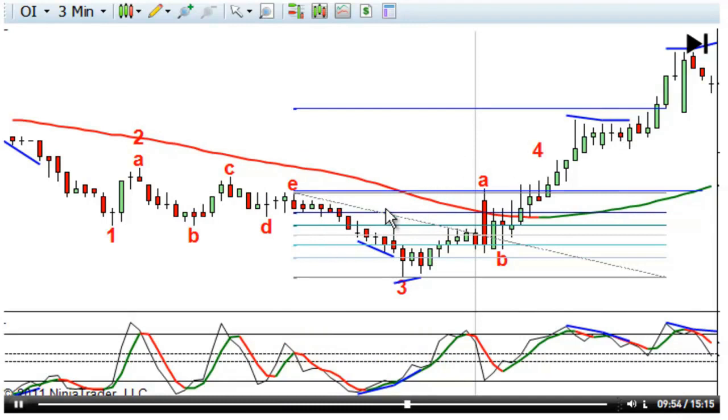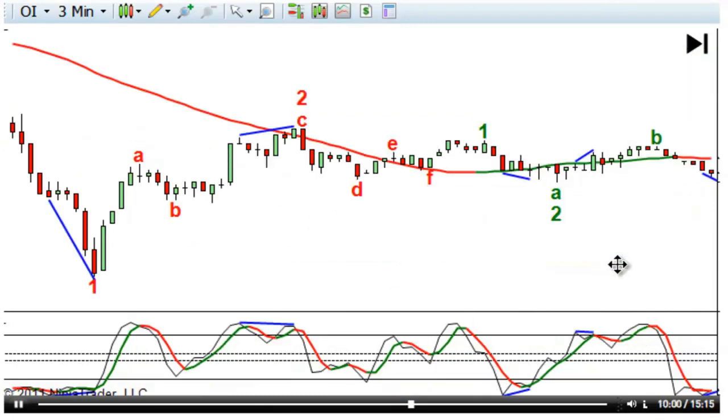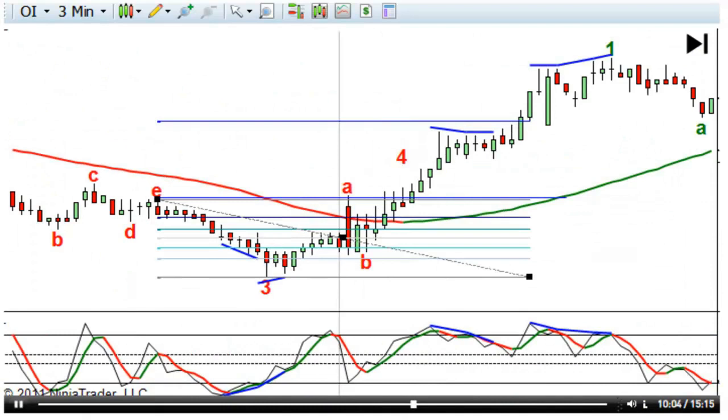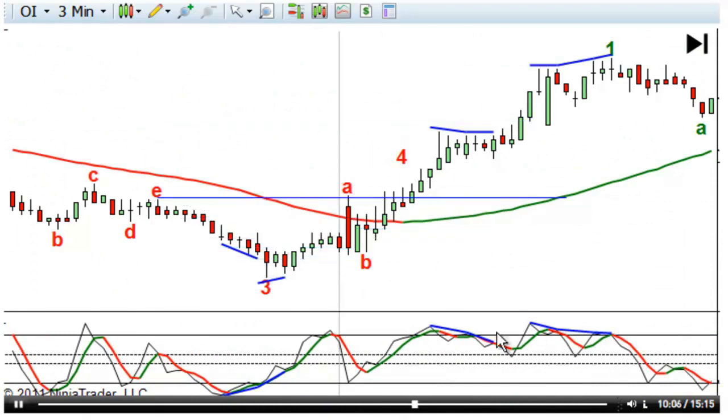So I don't really use these target techniques myself. These are traditional approaches, as I said. I don't find them to be really all that accurate or all that helpful.